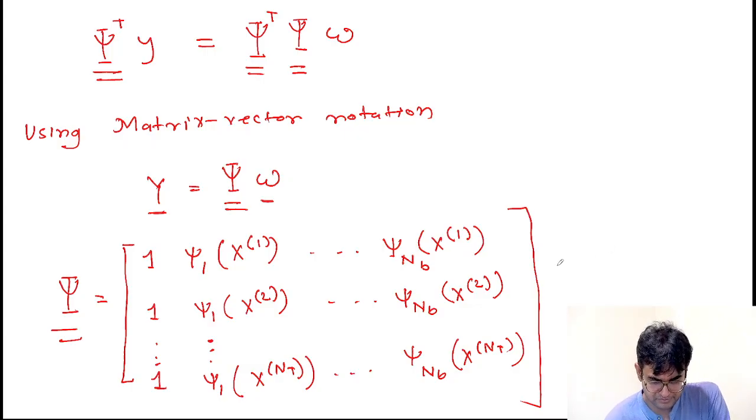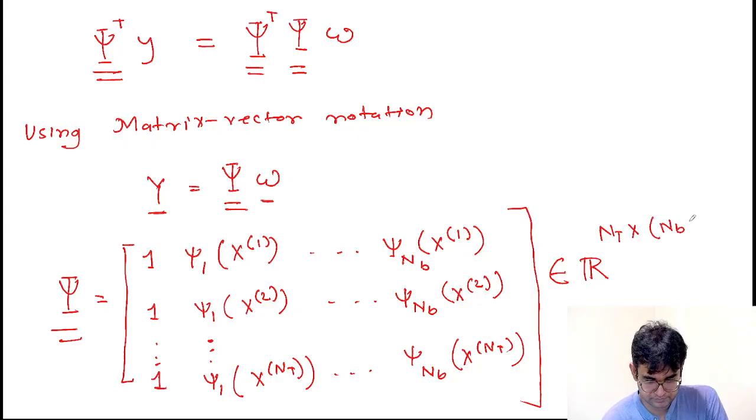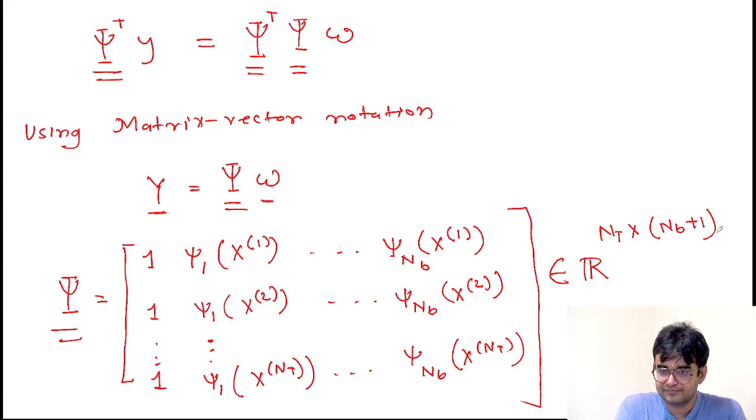What is the dimension? R NT by NB plus 1. This has a name. Anyone knows the name? Design matrix. Psi is known as the design matrix.